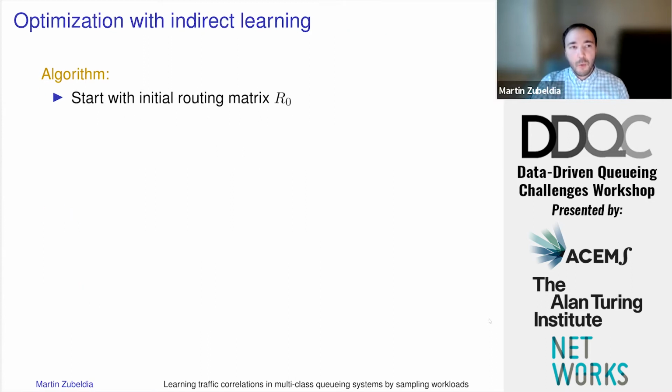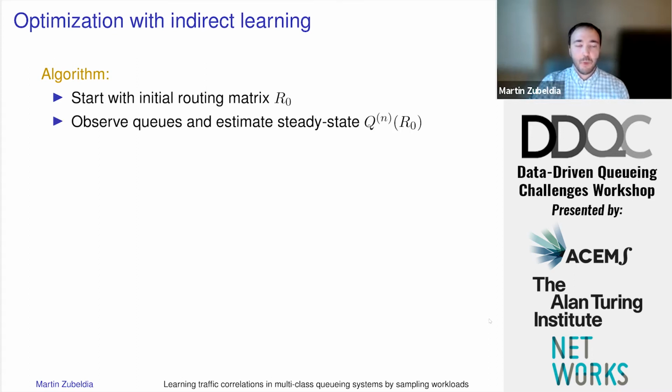So what we do is actually kind of trying to get the best of those worlds with some indirect learning. We start with some initial routing matrix R0, which we can pick to be stable, or stabilize the system, because we know the arrival rates. We observe the queues and estimate the steady state queue length distribution under that routing matrix R0.